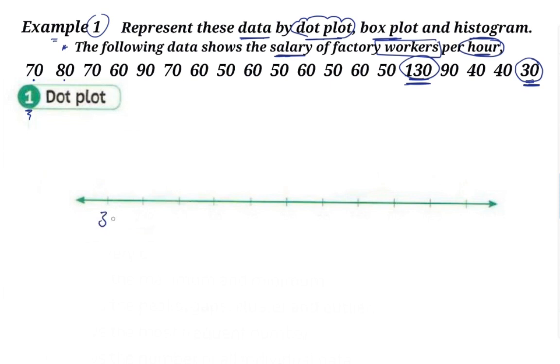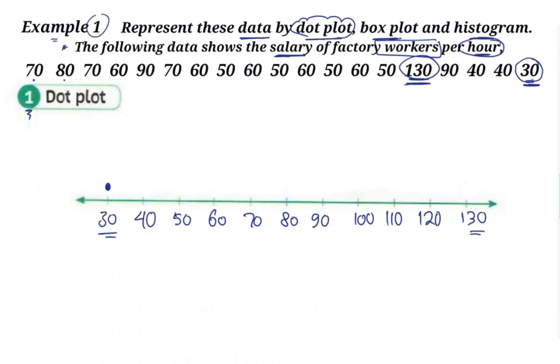Then I will mark 30, 40, 50, 60, 70, 80, 90, 100, 110, 120, 130, from the minimum to the maximum salary. Now, how many workers take 30 pounds per hour? If you look at this data, you will find just 1. So I will put just 1 point.